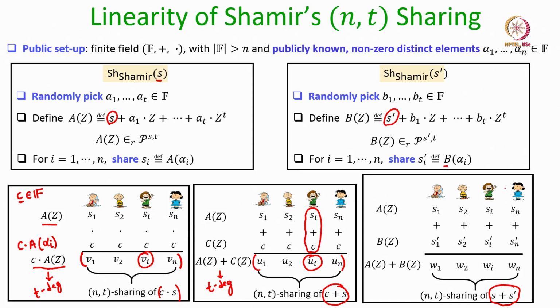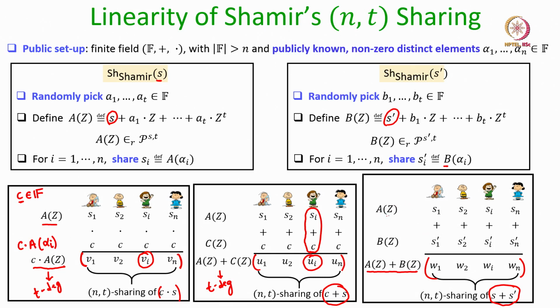Each party just has to locally add its share of S and S prime. That will give the party its share of S plus S prime, because collectively this vector W_1, W_2, W_i, W_n lies on a t-degree polynomial whose constant term is the sum of the constant terms of the A and B polynomial.